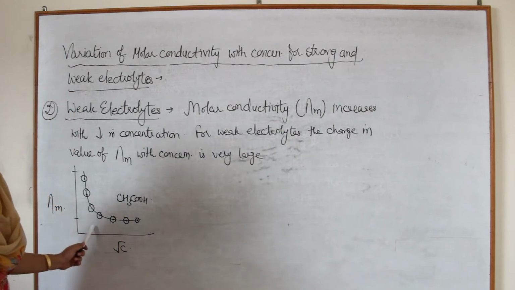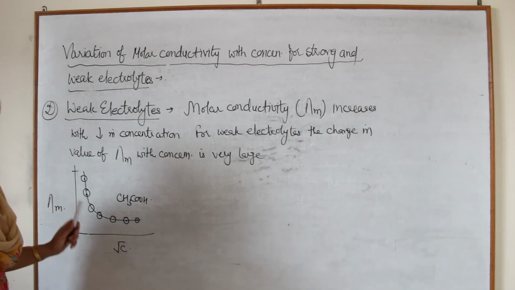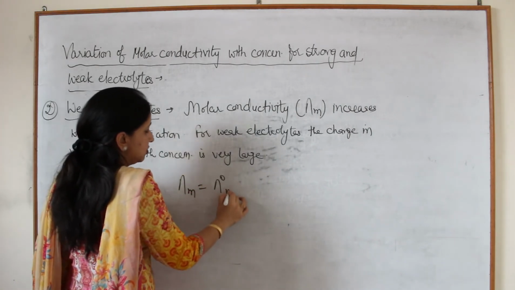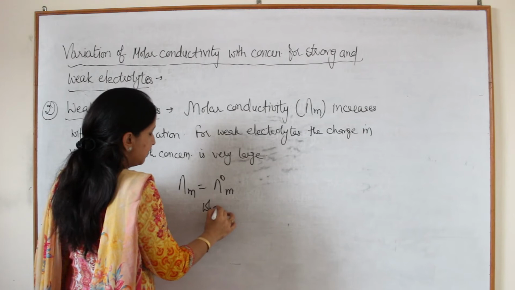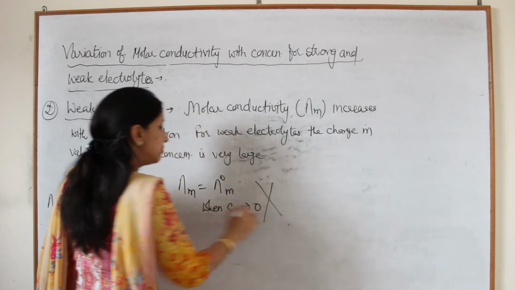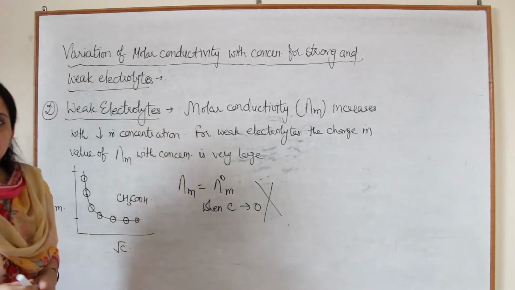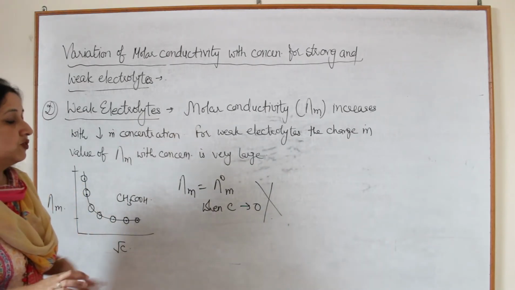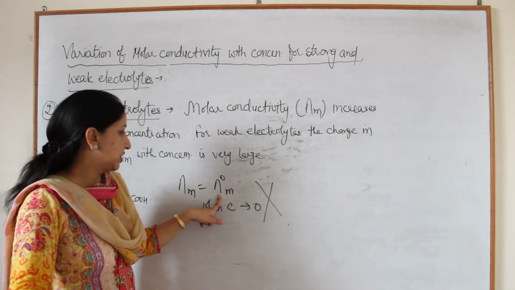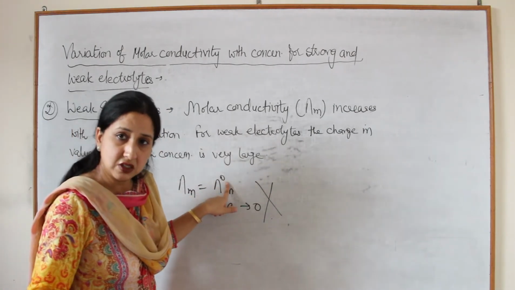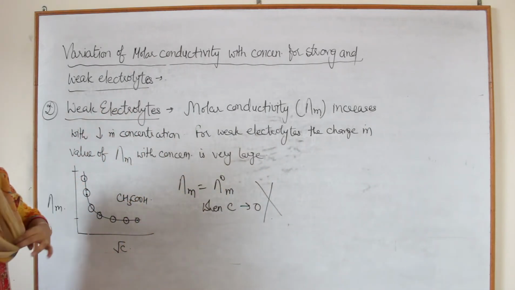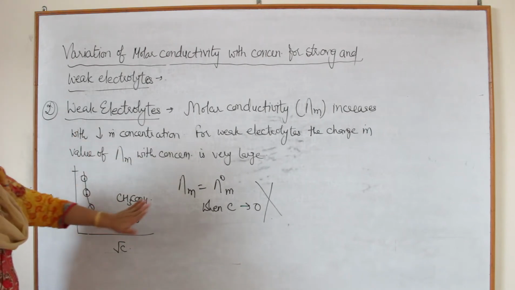Means for weak electrolytes we cannot say that lambda m is equal to lambda naught m when concentration approaches 0. This is not possible for weak electrolytes. Means we cannot have the value of molar conductivity at infinite dilution for weak electrolytes. So this is one major drawback.